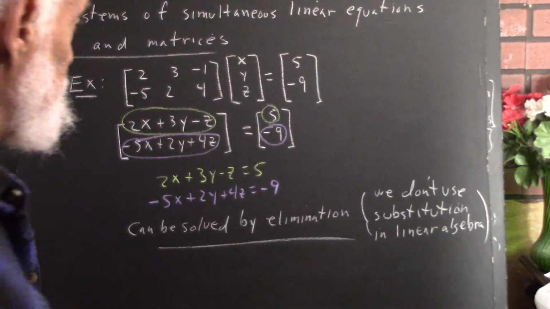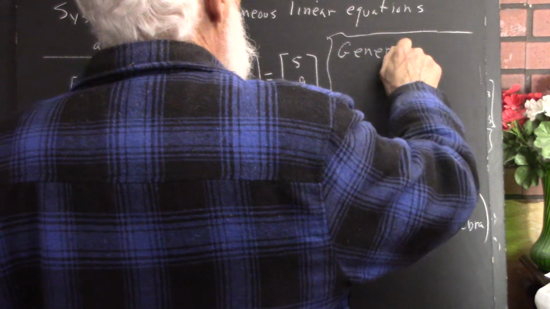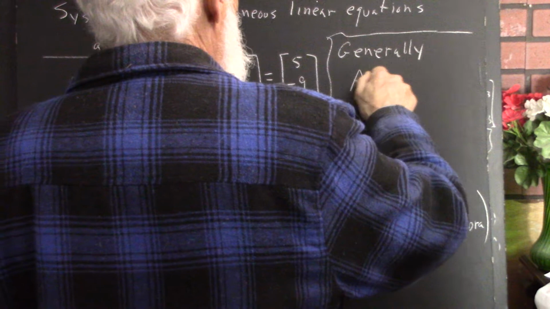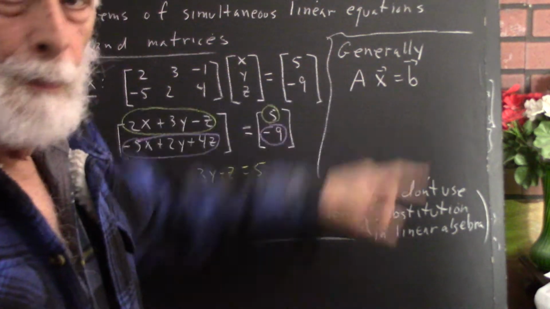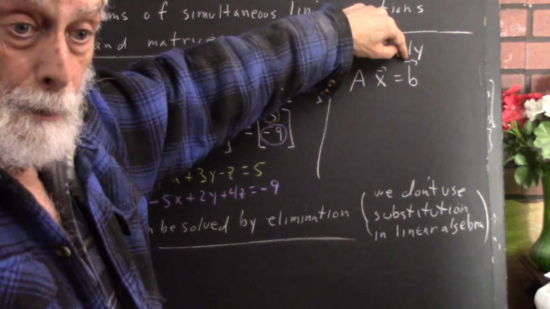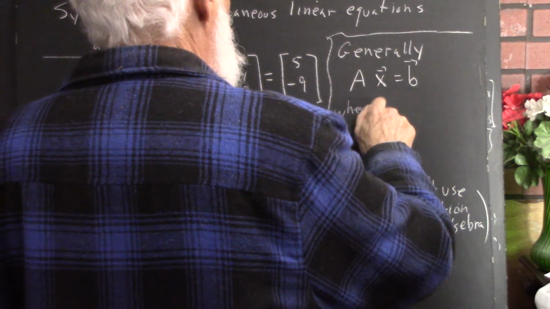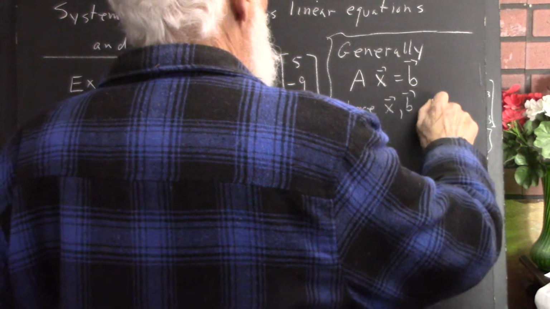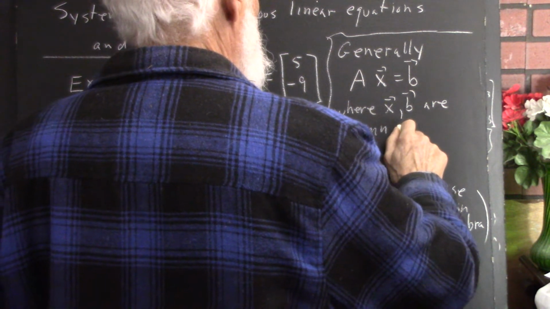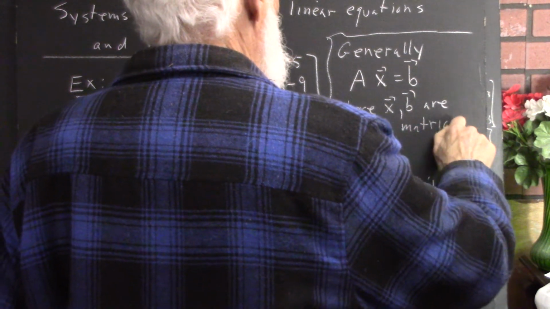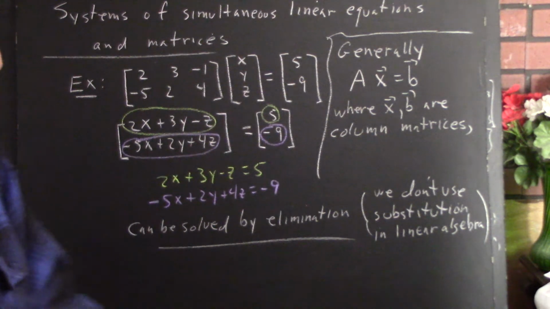So I can say generally the equation Ax equals b, and notice I have an arrow over the x and an arrow over the b, where x and b are column matrices, in other words, matrices that consist each of one column only.